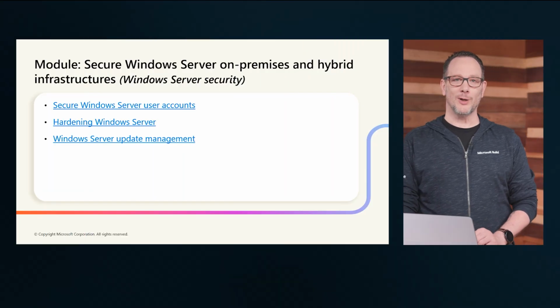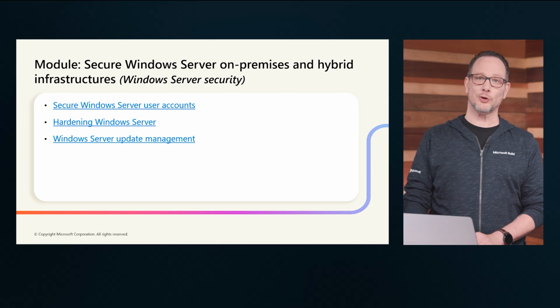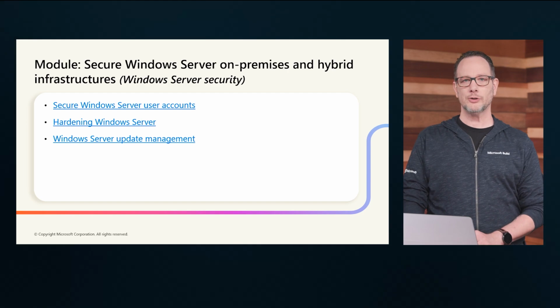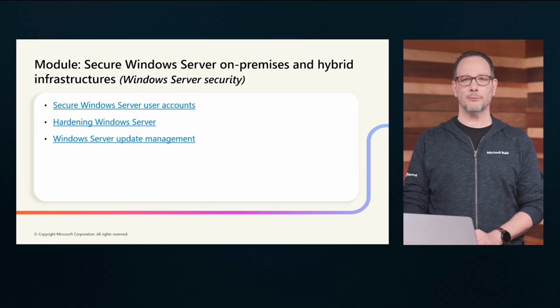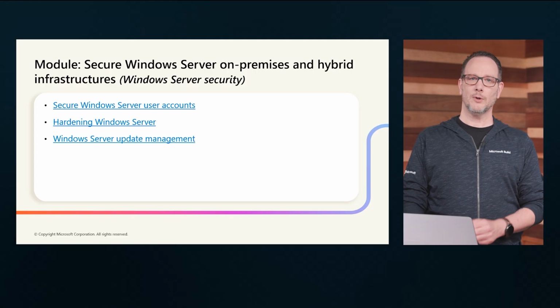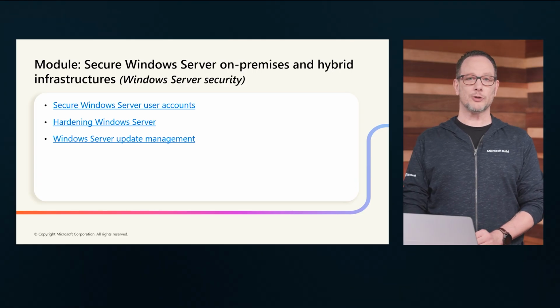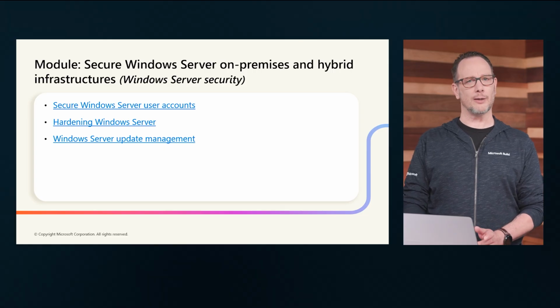With that, I would say welcome to this specific module, where it's all about securing Windows Server on-premises and hybrid infrastructure, where, as you remember from the introduction, we always have two modules touching on the same concept. This one is primarily focusing on Windows Server security, which means looking into the operating system, and you could almost forget that it's not all that important where you're actually running that Windows Server environment.